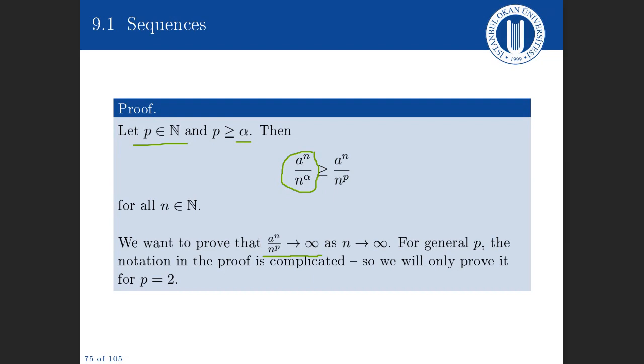Now, we could prove this for any natural number p, but the proof gets really complicated and the notation is complicated. So I'm actually only going to show you the proof if p is equal to 2. And then I'm just going to note about how we would change the proof for different values of p.